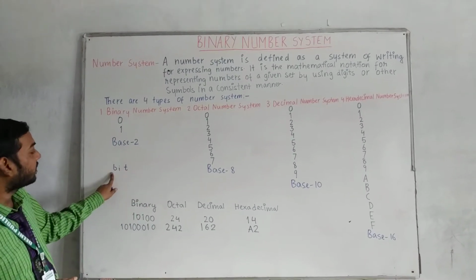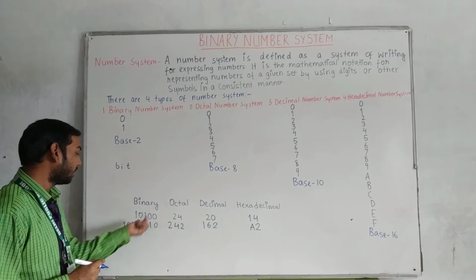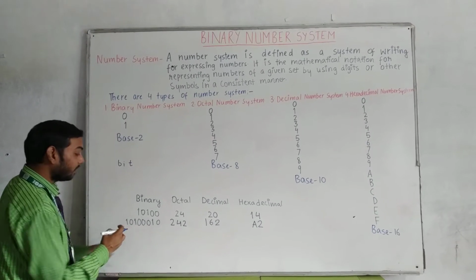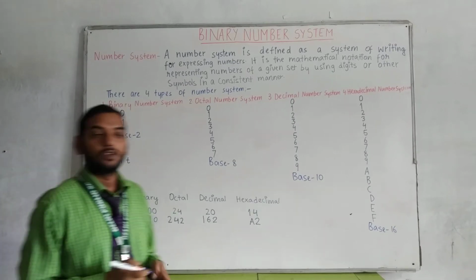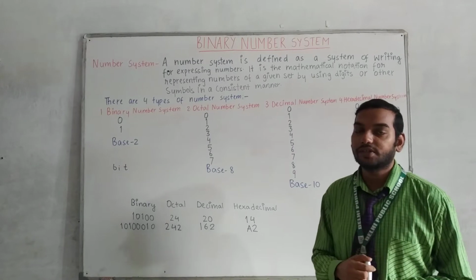Bit means binary digit. So this is a 5-bit number, and this one, counting 1 2 3 4 5 6 7 8, is an 8-bit number.